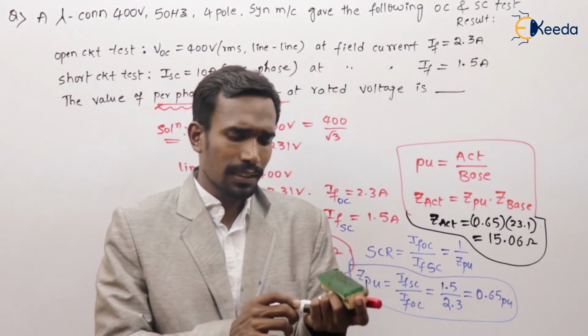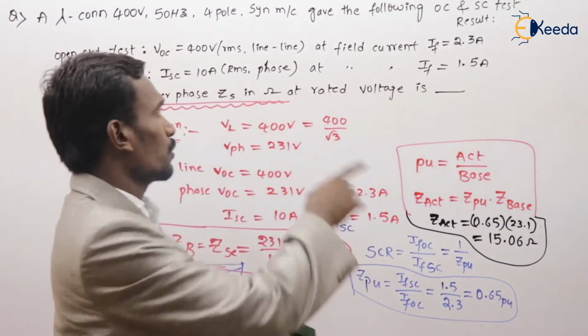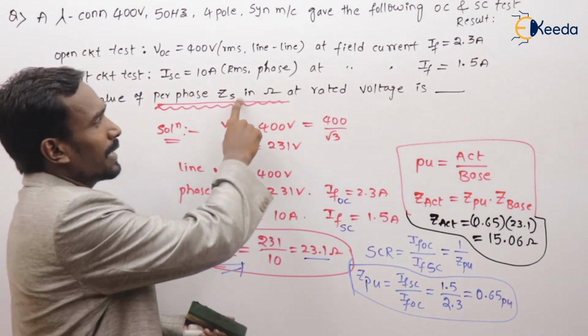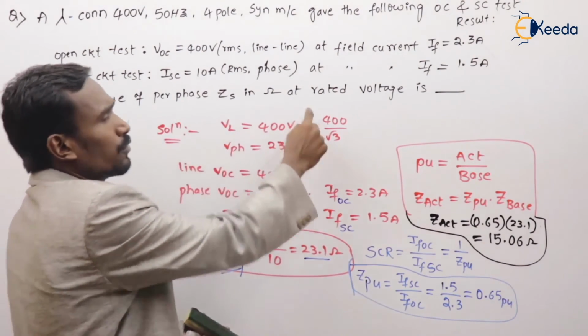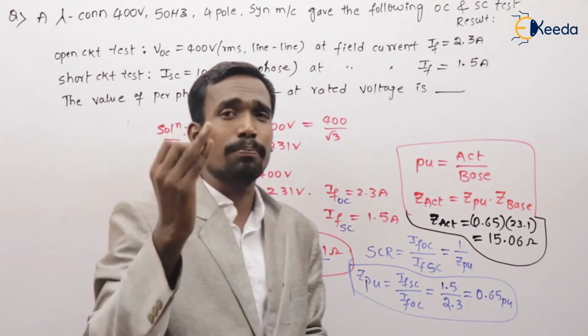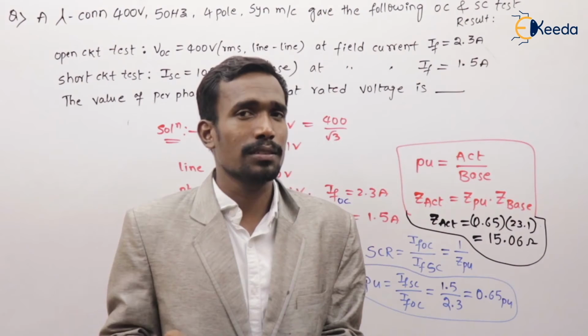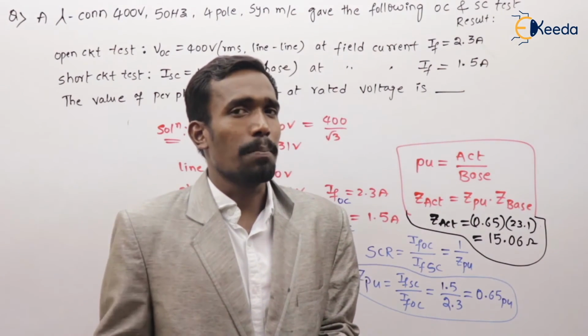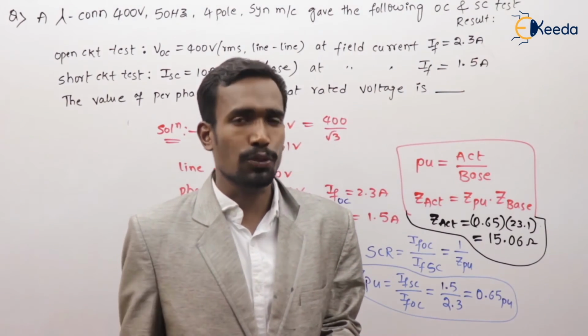So what did I do? Actually, we have to find out the actual impedance. For that, we have to find out the per unit impedance and base impedance. If we multiply the per unit impedance with the base impedance, we can get the actual impedance.